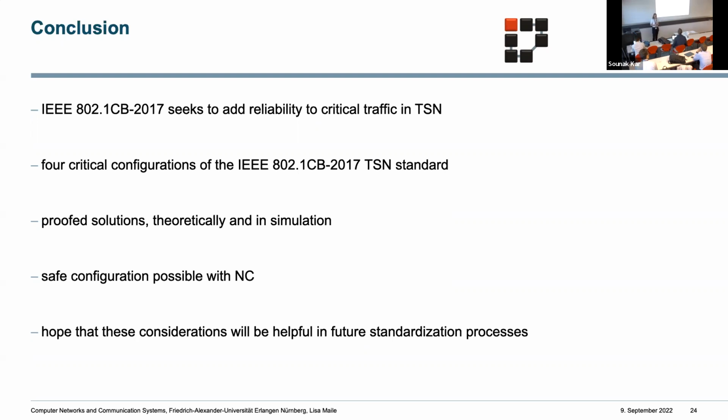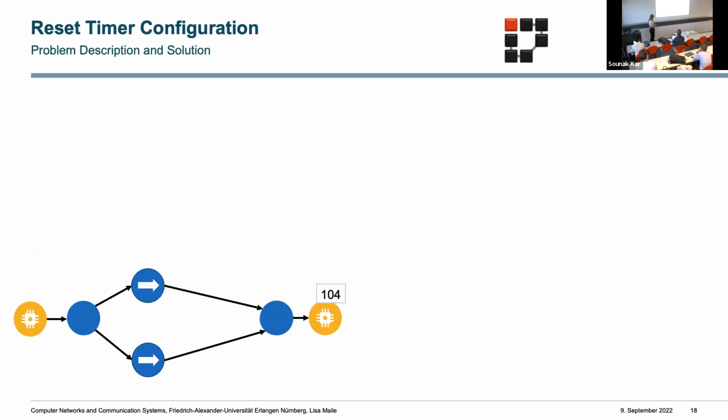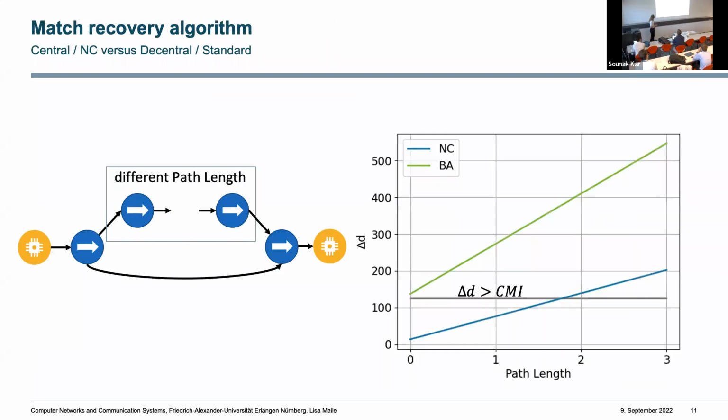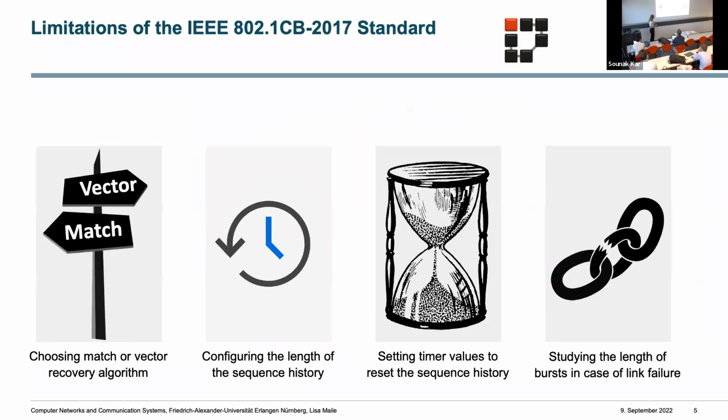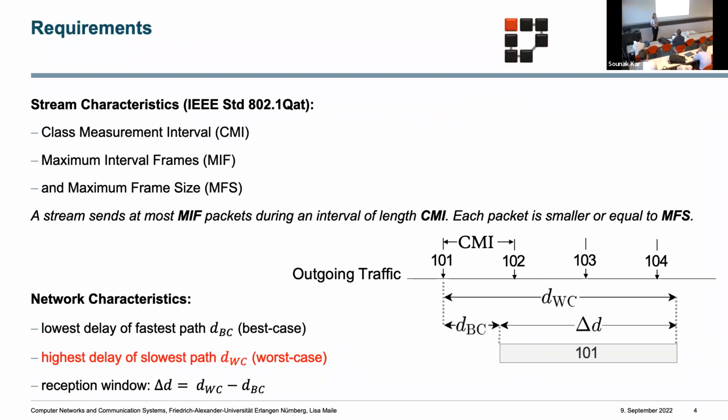One question on your interpretation of the source traffic standard. Can you show at the beginning where you showed the CMI? So here, yes, this one. Isn't it only one of two possible interpretations of the standard, assuming we apply the class measurement interval as a sliding window, as opposed to repeating windows that would perhaps lead to a difference?